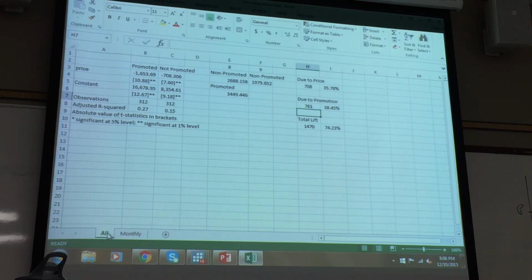And if I evaluate the promoted demand at $8, it'll give me QP.